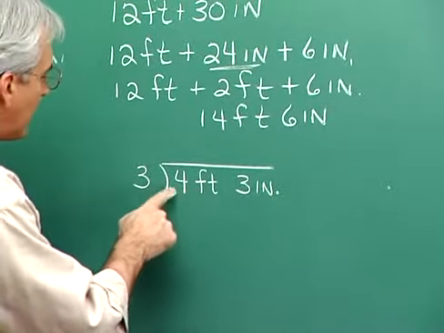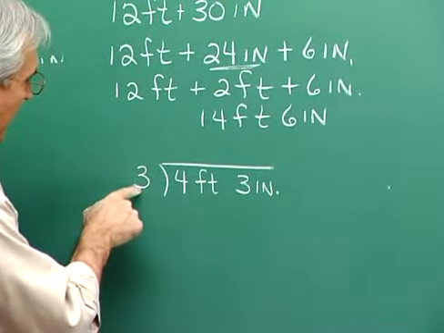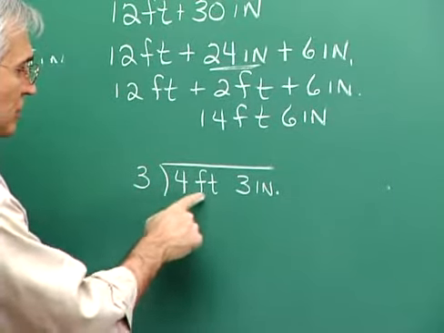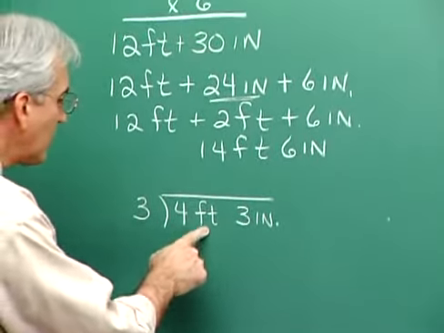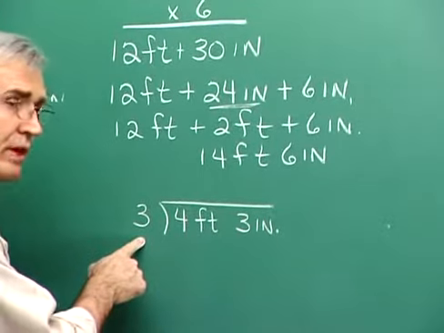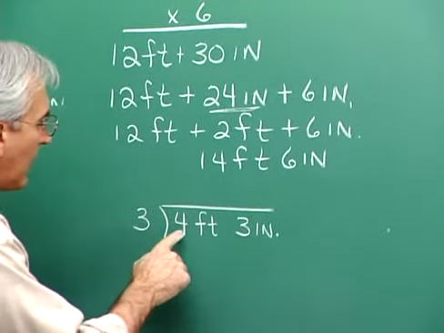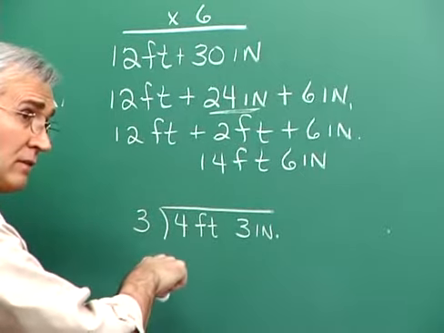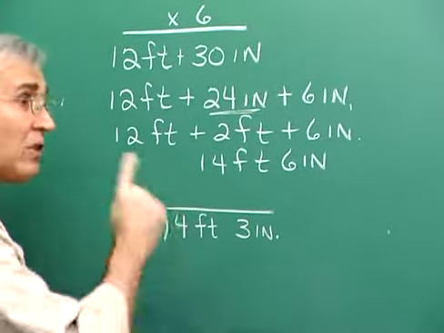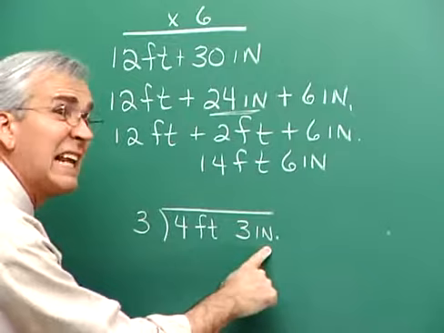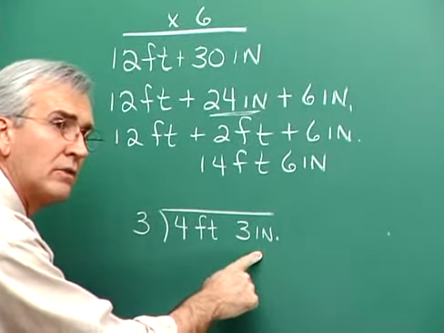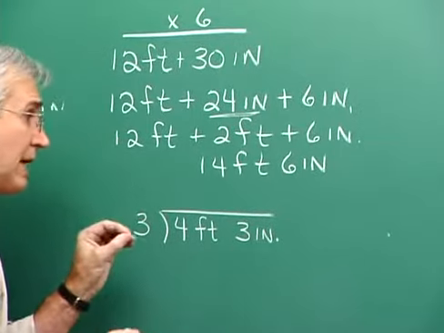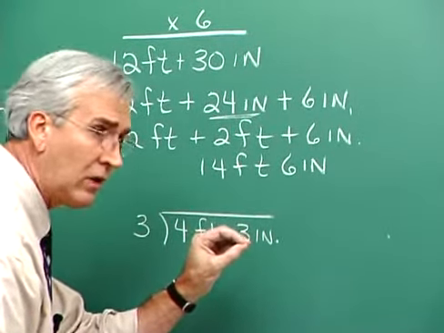I would recommend that if we're dividing by 3, that we express the number of the larger unit in terms of a multiple of 3. You see, we really want to rewrite 4 feet as 3 feet plus 1 foot. And the 1 foot we're going to rewrite in inches and put it over here. So we're making a little conversion here in order to make the division come out evenly for the larger unit.